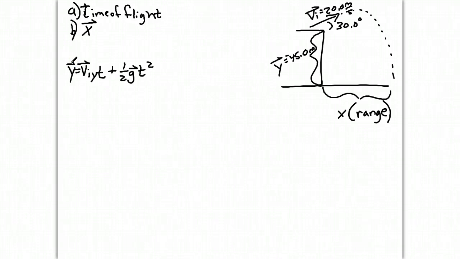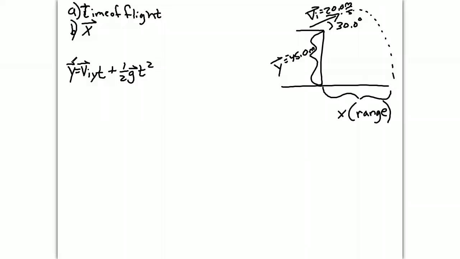Are we going to be able to have an initial velocity in the y direction? Absolutely. Are we solving for time? Yes. Do we have y? Yes, we do. It's negative 45, and we know gravity. So we can use this equation, but as you can see, we have a t and a t squared.